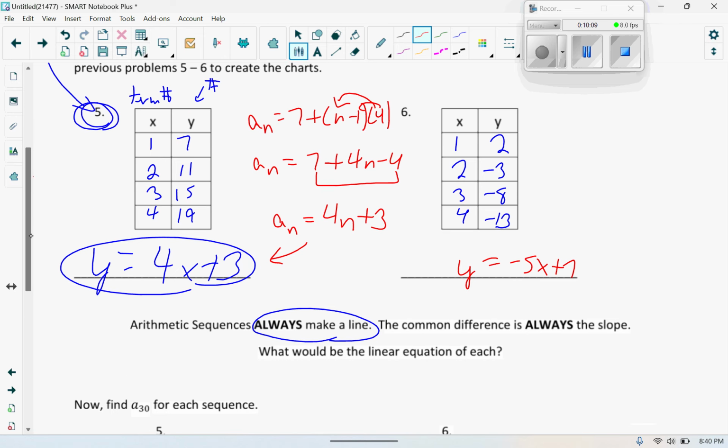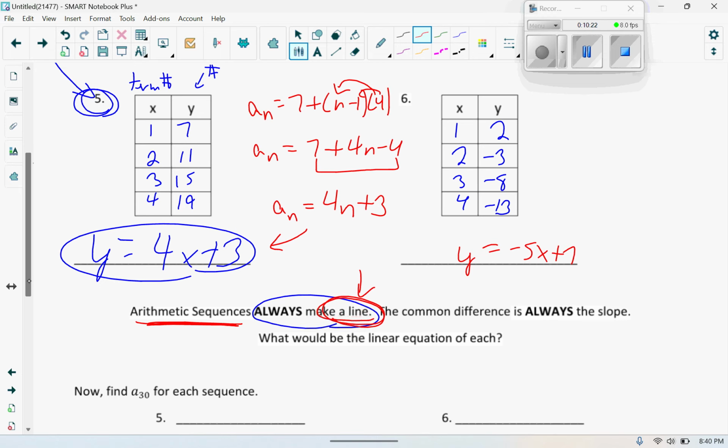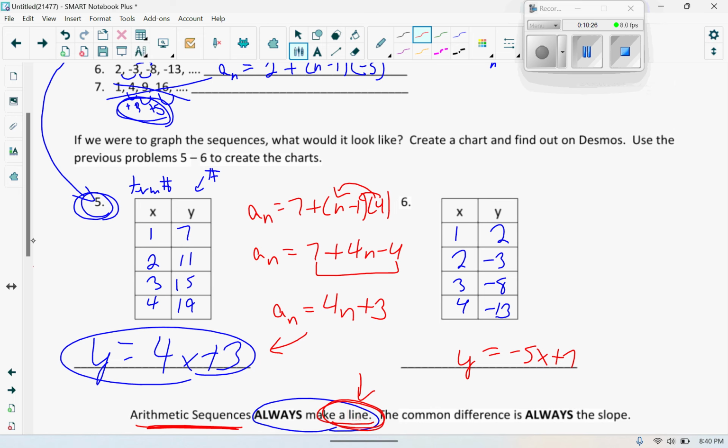Again, it's very, very important to know that arithmetic sequences will always make lines. Tomorrow we're going to talk about geometric sequences, and they have a specific, different type of graph. But arithmetic sequences always make lines. And something else that I want you to notice is, let's go back to right here. This is our common difference.